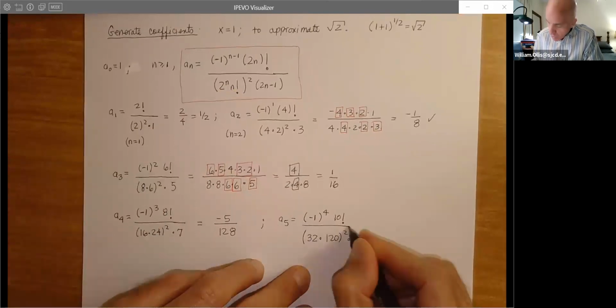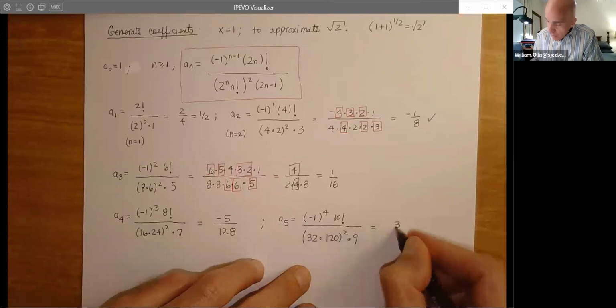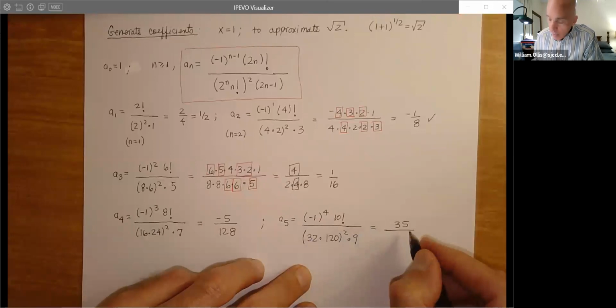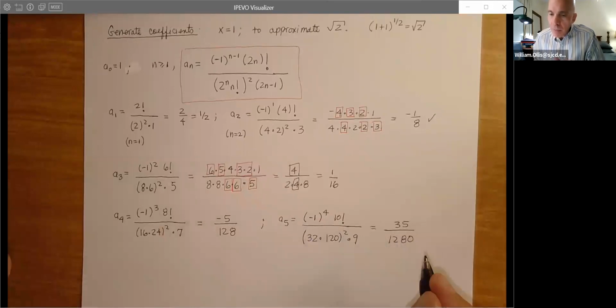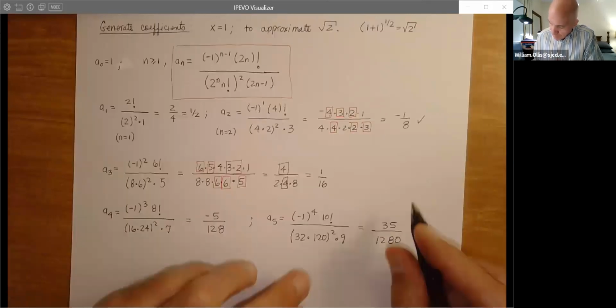And when I reduce this, ladies and gentlemen, I got 35 over 1,280. That's where I got basically 320 times 4. So that works.